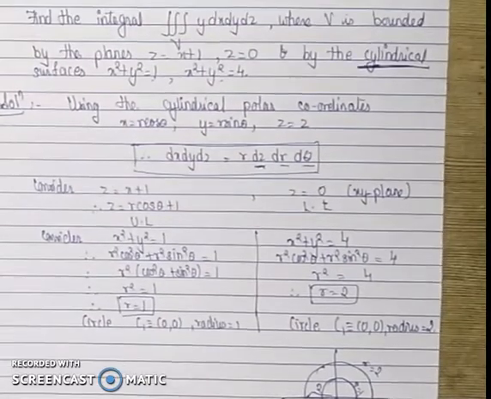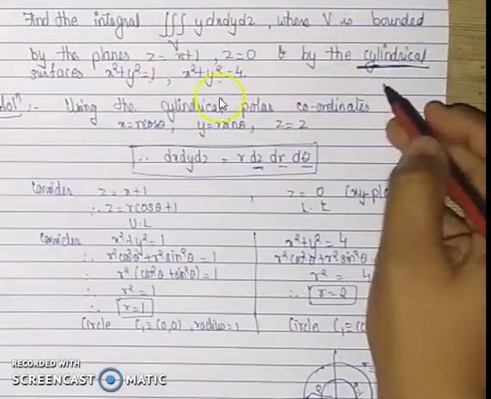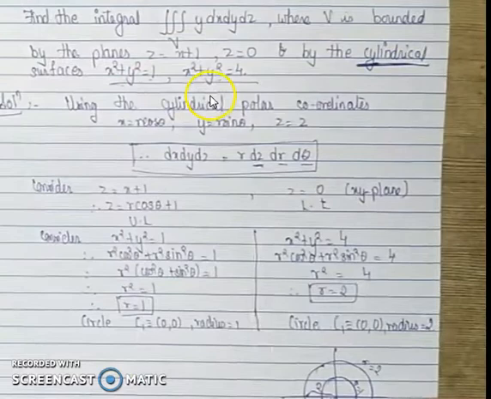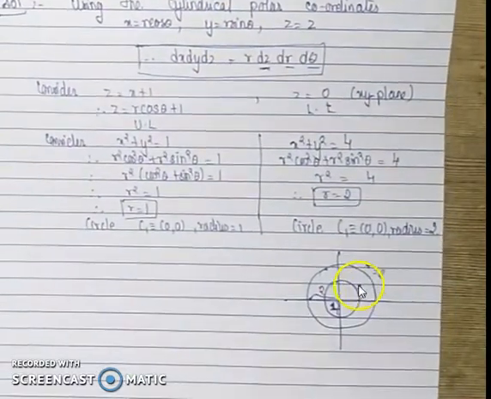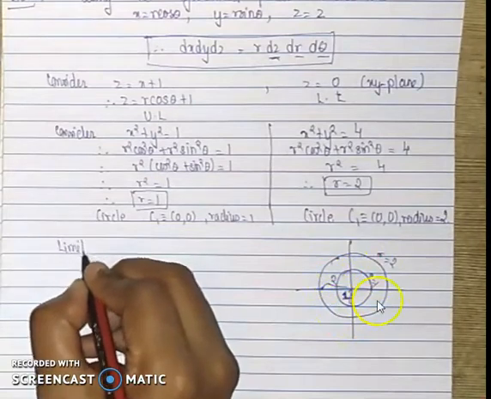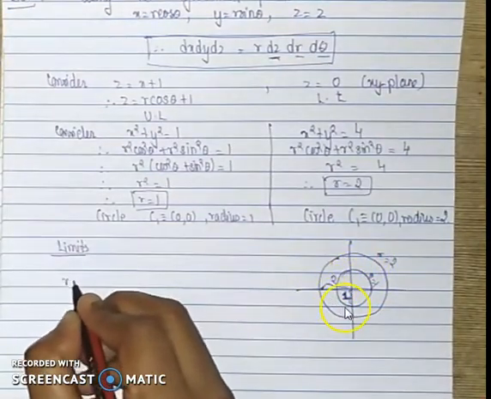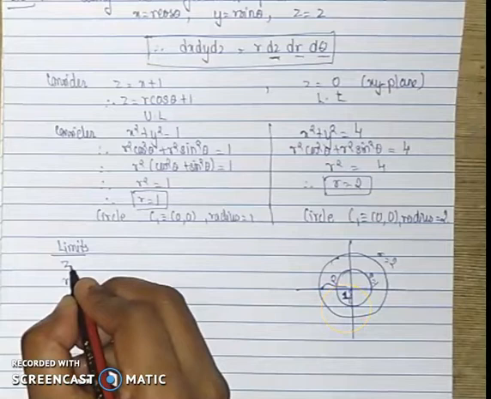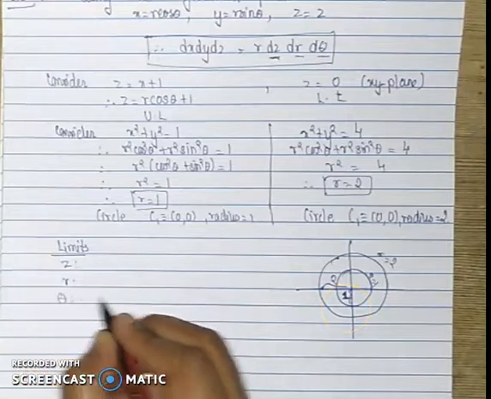Since the cylindrical surfaces have been given, that means I am interested in the volume between the 2 concentric circles. First we will try to get the limits of z, then r, and then theta.